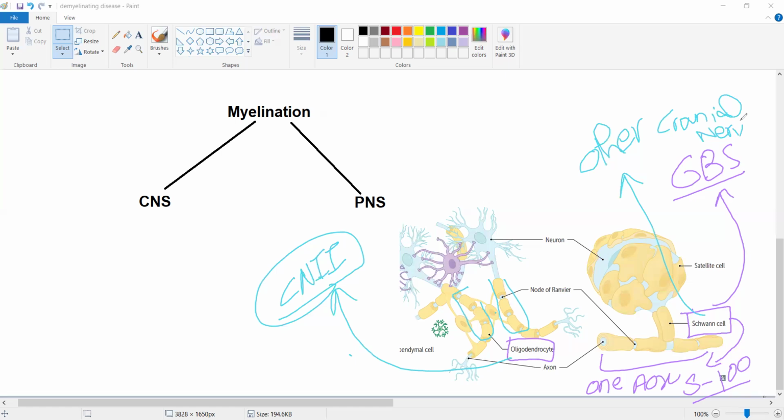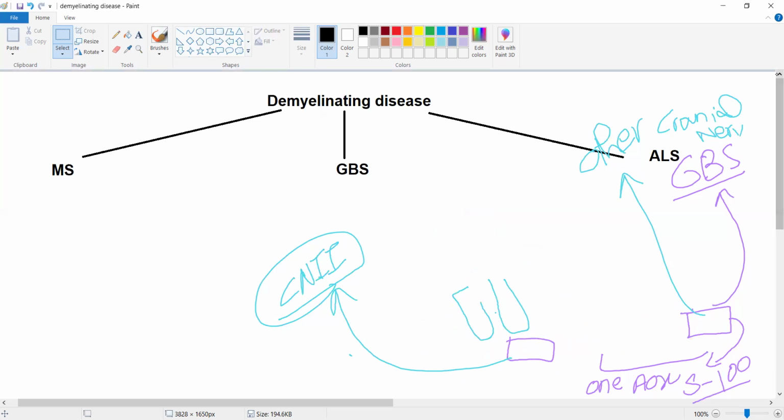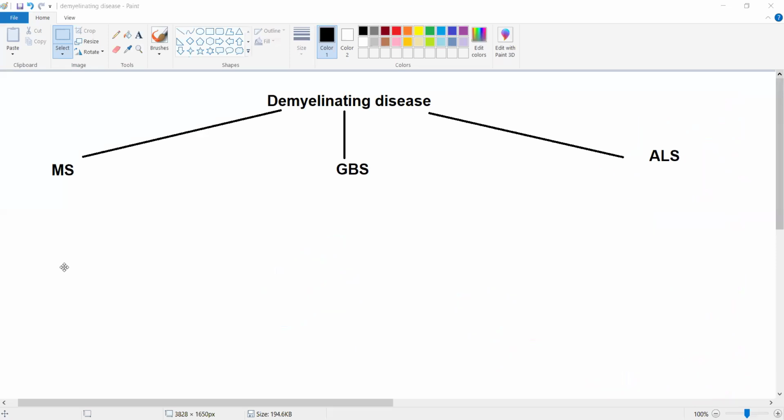Okay, let's move towards the demyelinating disorders. They are simply classified into three types. Some books say that ALS is also considered among the demyelinating disorders.